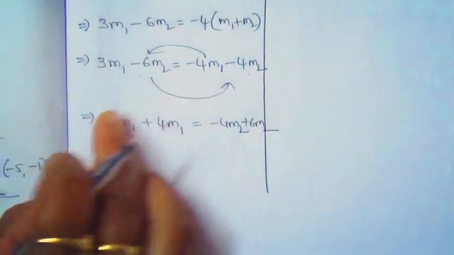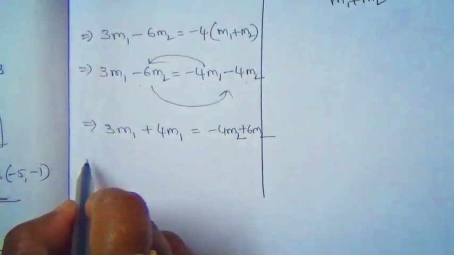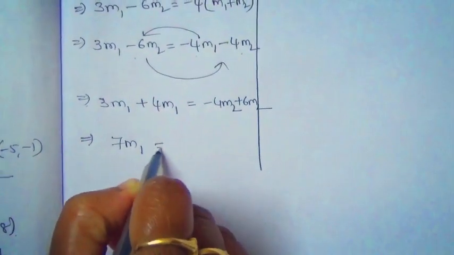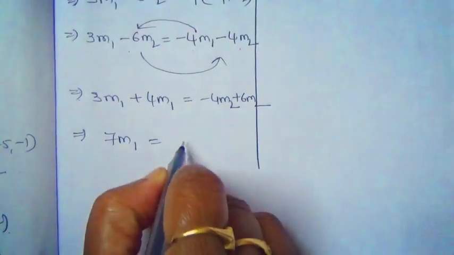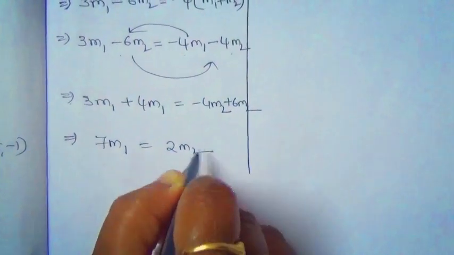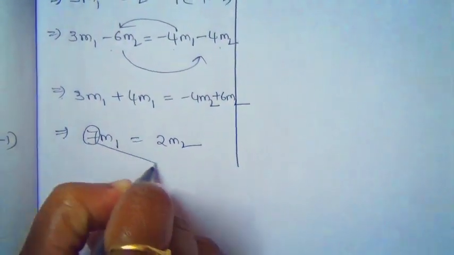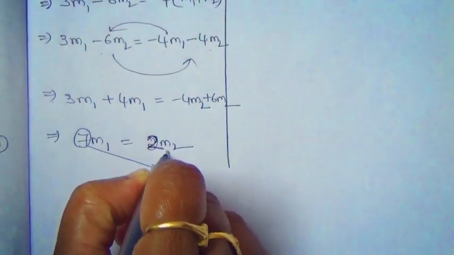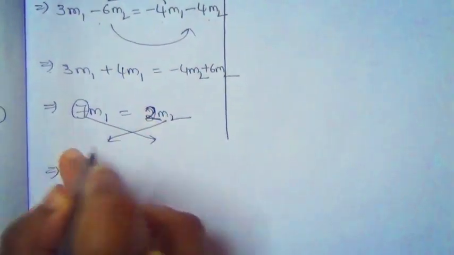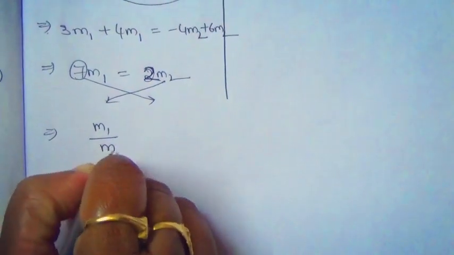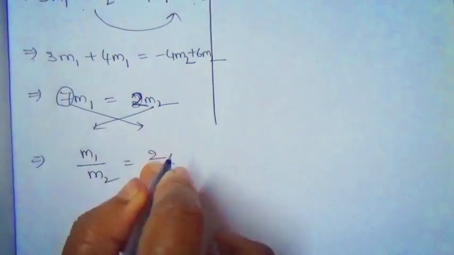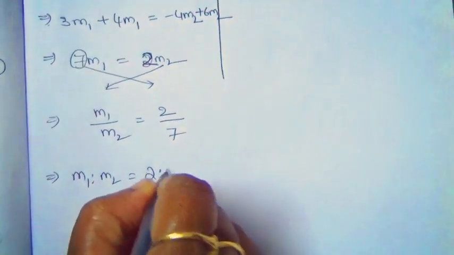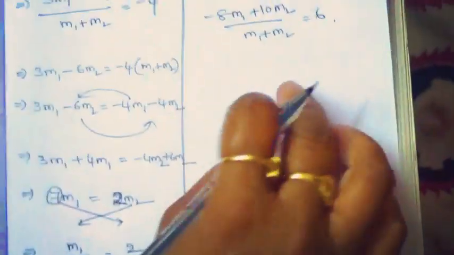I'll bring all the m1s to one side and m2s to the other side. That implies 3m1 plus 4m1, 7m1, is equal to 6m2 minus 4m2, that is 2m2. Okay, we bring this 7 to the other side and m2 to this side. So m1 by m2 is equal to 2 by 7. That implies m1 is to m2 is equal to 2 is to 7. It is the ratio.